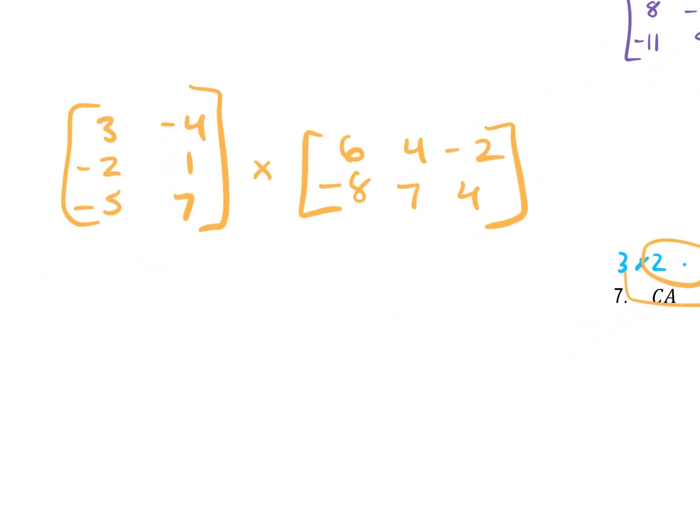The order that you multiply matters. So I would always suggest if it's not listed in the right order and up top, rewrite it so you have it in the order that you're multiplying. The first one we're going to move in rows. Second one we move in columns. And we said our answer is going to be a 3 by 3. I always like to write the size of our answer out just so we know what's going to go where.